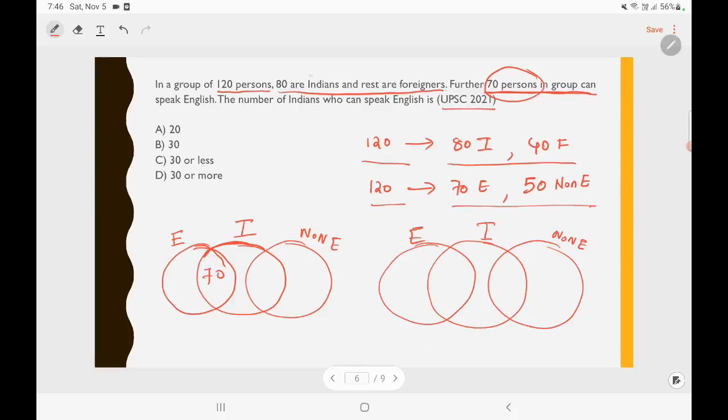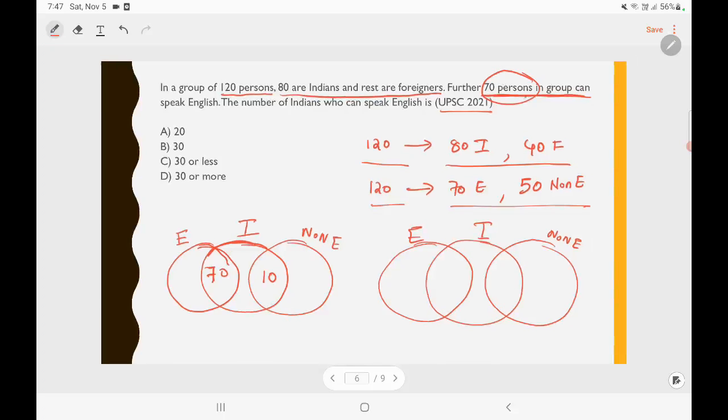We know that there are total 80 Indians, right? So in this circle, it should come 80. We have already written 70 here. So there will be 10 Indians who cannot speak English. Now there are 40 foreigners, right? In those 40 foreigners, no one can speak English because all the 70% who can speak English are Indians.